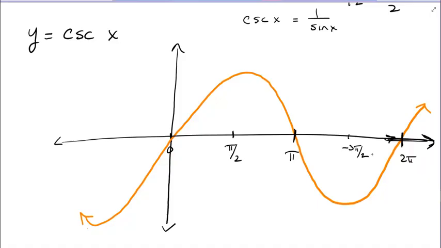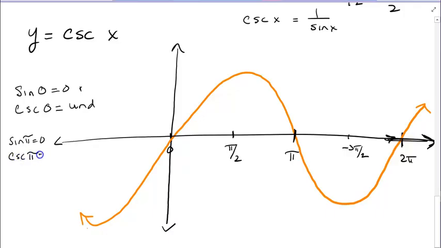Well, what is sine of 0? It is 0. What is the reciprocal of 0? Undefined. We know sine of pi is 0. Cosecant of pi is the reciprocal of 0. Undefined.